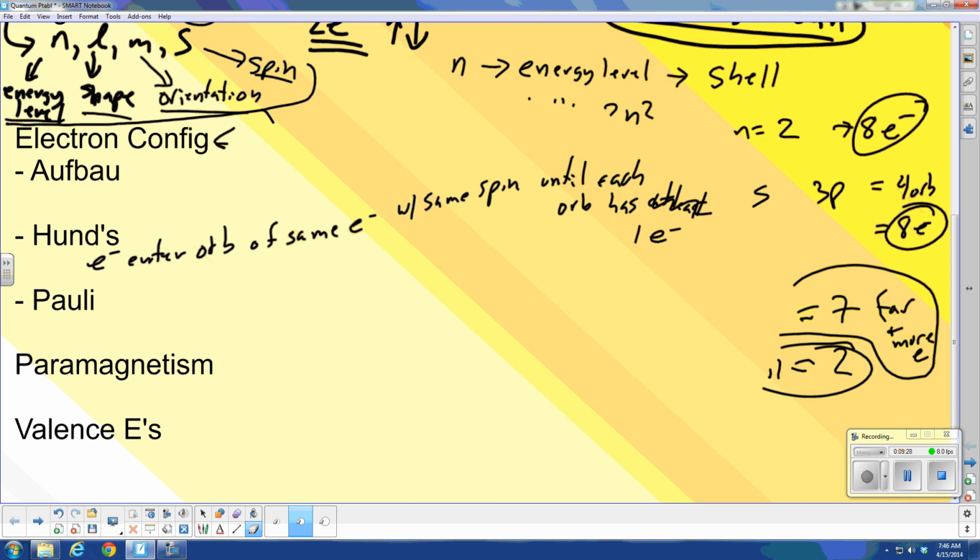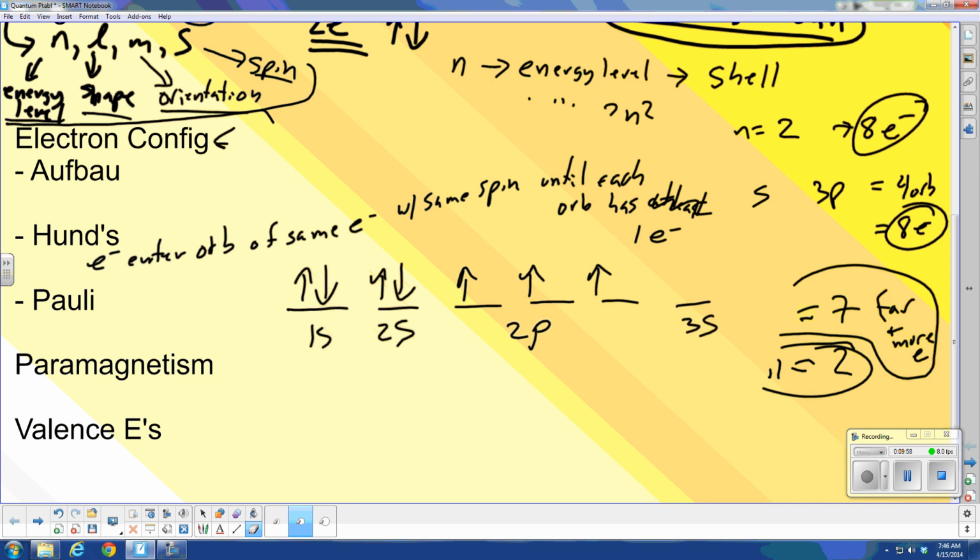What that means is the electrons don't double up within a set of orbitals until they have to. So let's go back to our orbital notation. Notice I'm using orbital notation here instead of electron configuration notation, right? And so what that means is I would go 1, 2, 3, 4, and then I would start filling my p's this way, so that I don't double up my p orbitals until I have to, because the next orbital would be a 3s, right?